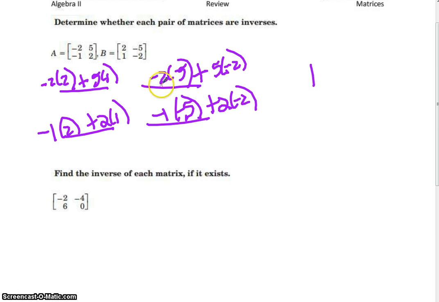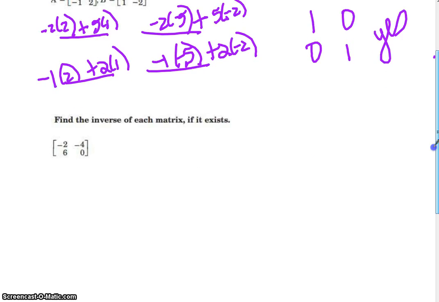You get negative 10. No, wait, let's see. That's positive 10 plus negative 10, which is 0. Negative 2 plus 2, which is 0. And 5 plus negative 4, which is indeed 1. So yes, these are inverses because when I multiplied them together, I got 1, 0, 0, 1, your identity matrix.